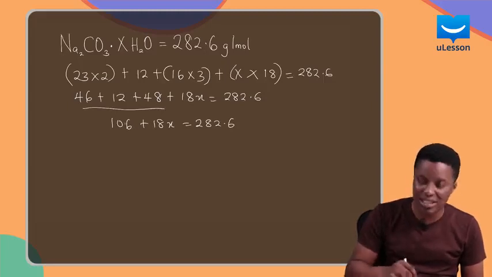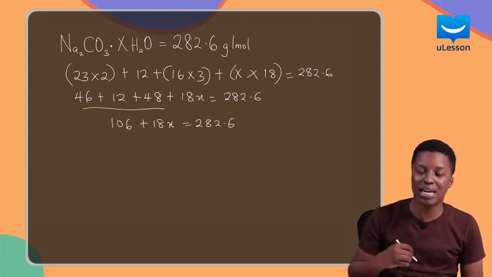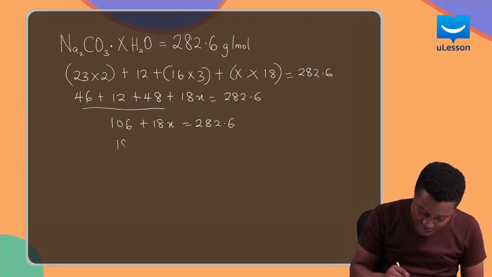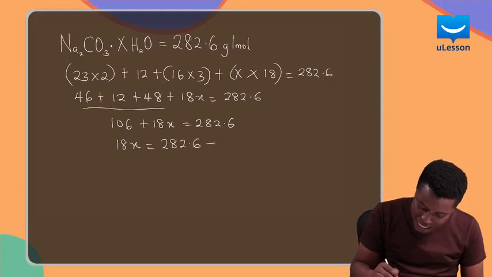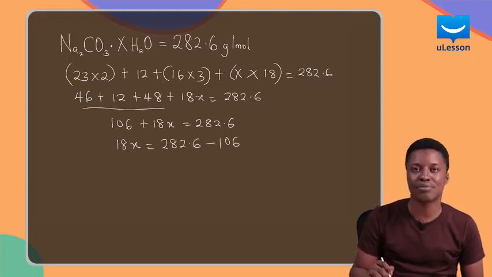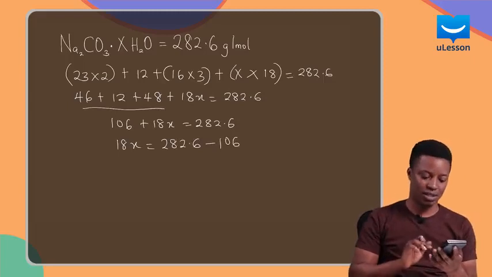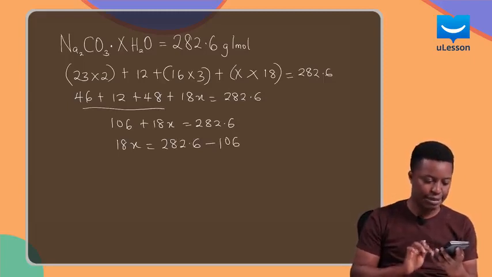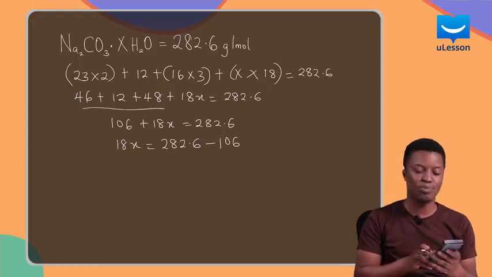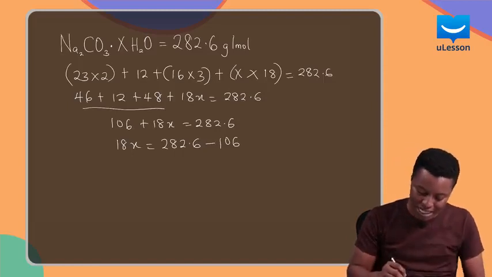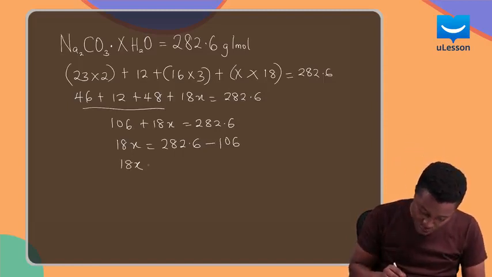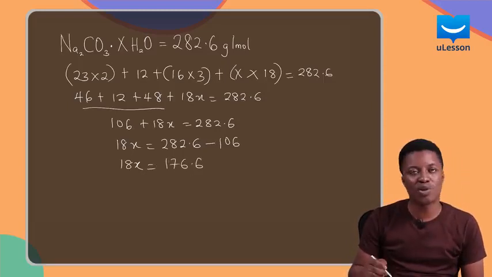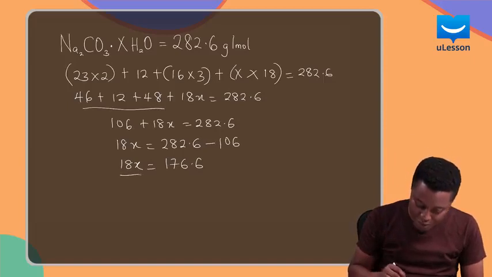So we'll take 106 over to the other side to obtain the value of X. And that gives us 18x to be equal to 282.6 minus 106. When we subtract this, we should get 176.6. So we'll have that 18x is equal to 176.6.